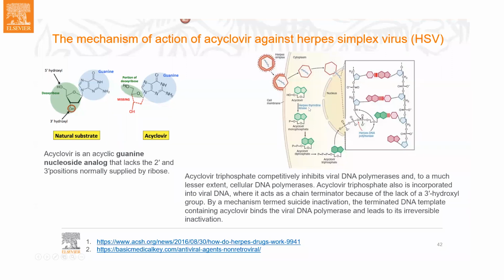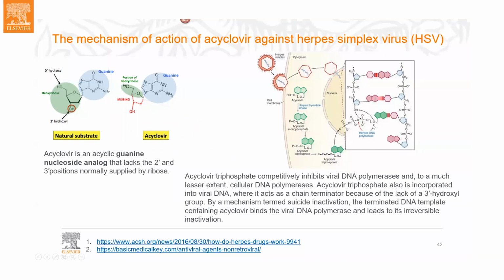But in case you have herpes simplex virus, the herpes thymidine kinase converts acyclovir to acyclovir monophosphate, which undergoes some further transformation by host proteins, and it goes over there.